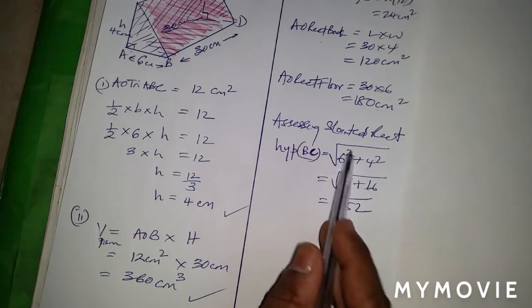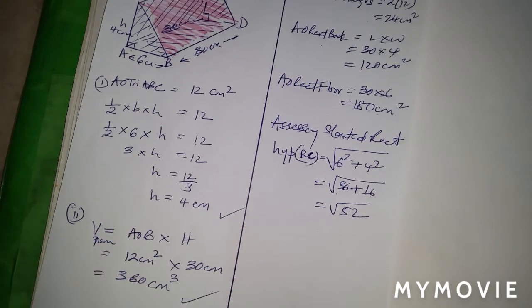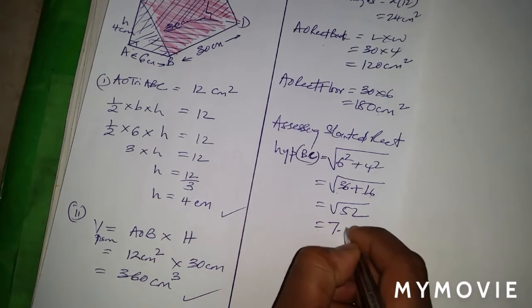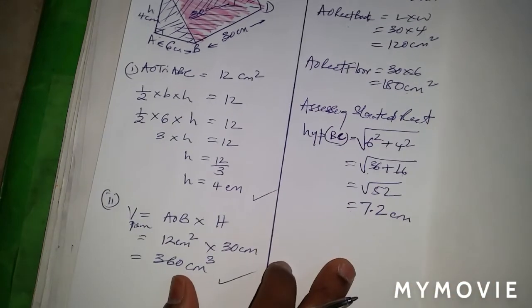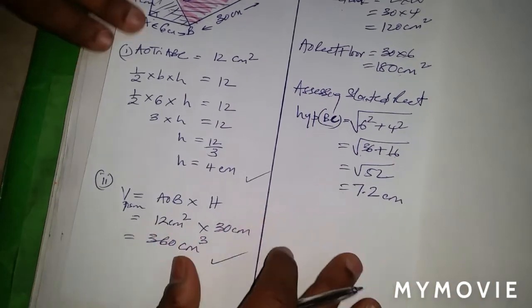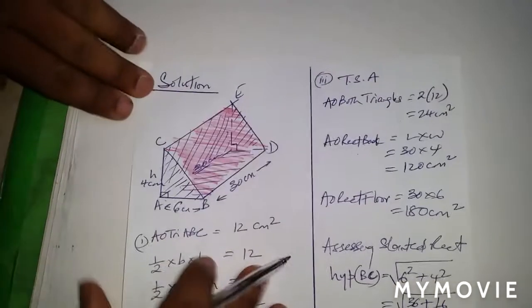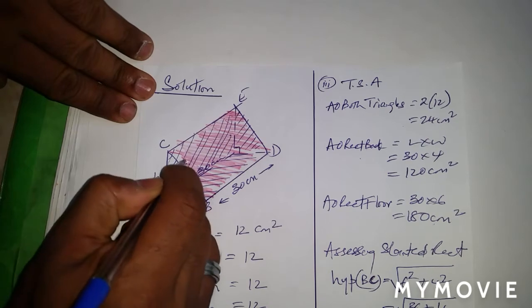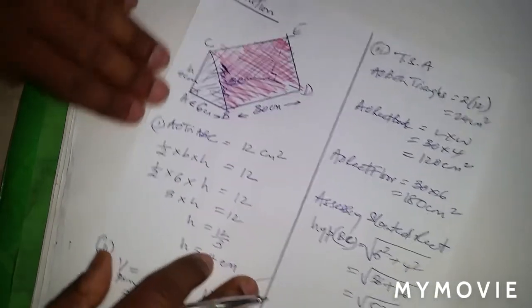So 6 squared is 36, 4 squared is 16, 52, and the square root of 52, I'll just leave it at 7.2 centimeters just for speed. Of course, it is preferred that you use 2 decimal places, but for speed, I'm just working with 1. All right. So we have this length now to be 7.2 centimeters.